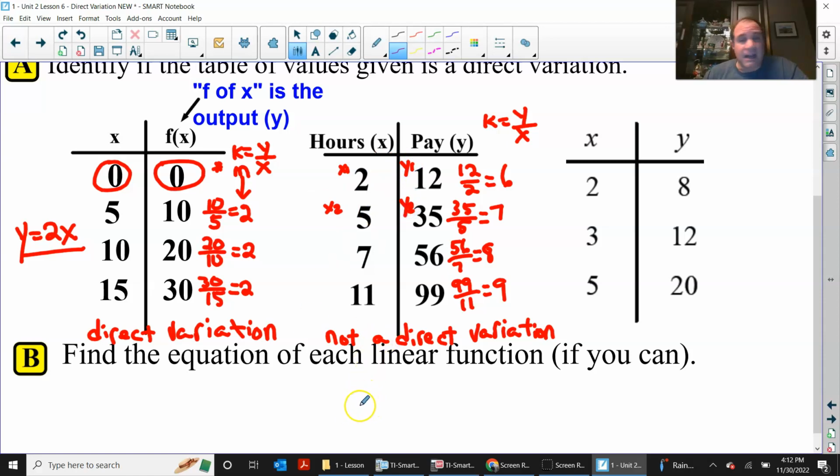So this is definitely not a direct variation. But maybe let's see if we can get the equation. And we could only get the equation of a linear function. Remember, if the slope remains the same, that's the only time you can get the equation, right? So let's see if we could get, it's y2, so it's 35 minus 12 over 5 minus 2.